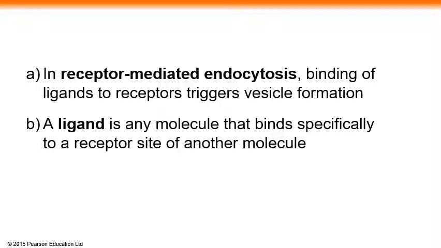Those ligands have to fit with a receptor molecule in a very specific cell. Only after binding between ligand and receptor molecule do they go through endocytosis. That's why very specific cells can go through endocytosis with very specific molecules. That's why it is very specific for receptor-mediated endocytosis.